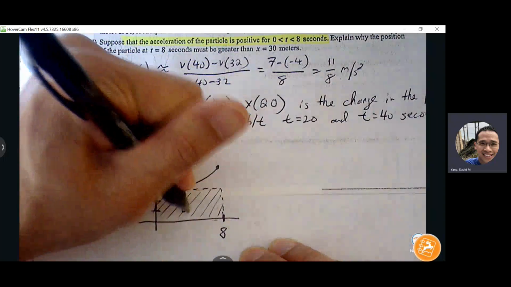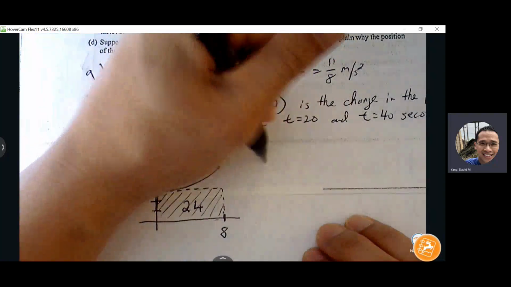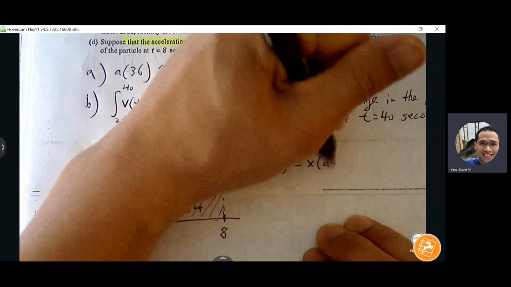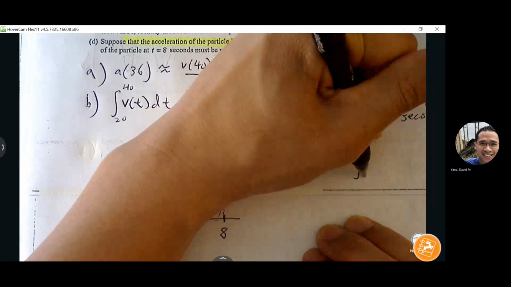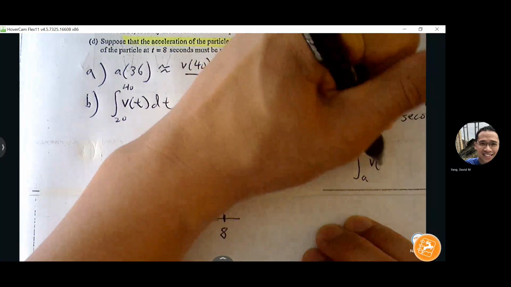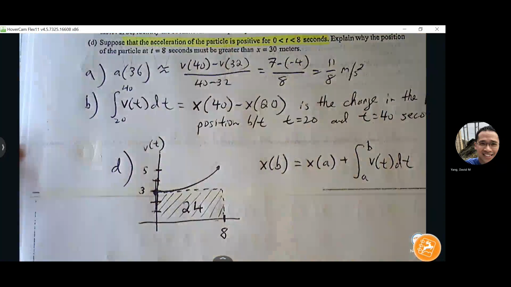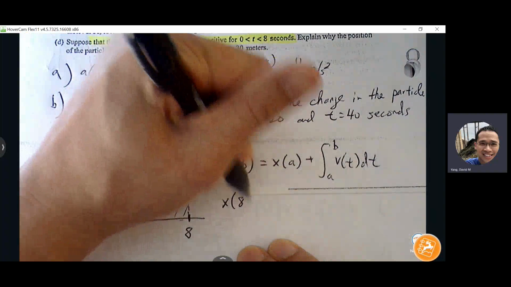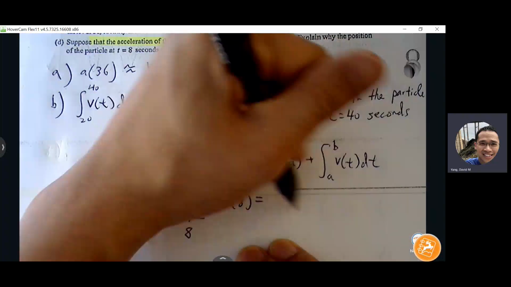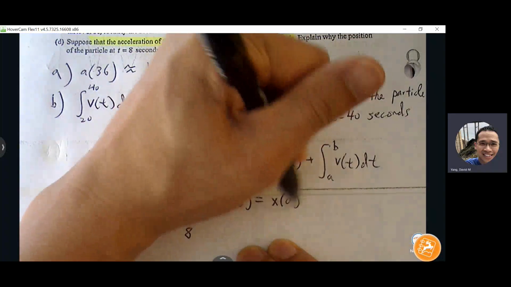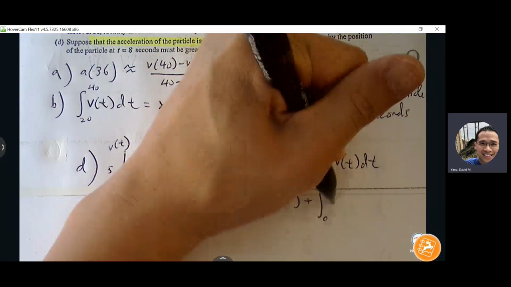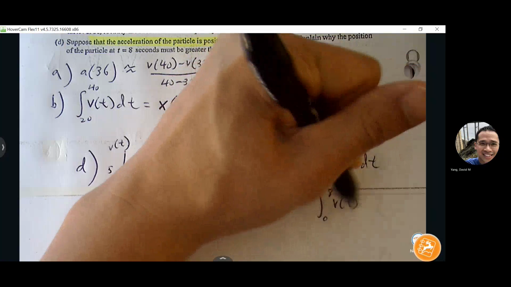24, right? So let's think about our position function, locating position. So worst case scenario, if I want to find my position at 8 seconds, I can start off with my position at 0 seconds and then figure out how much displacement is occurring in that time interval.